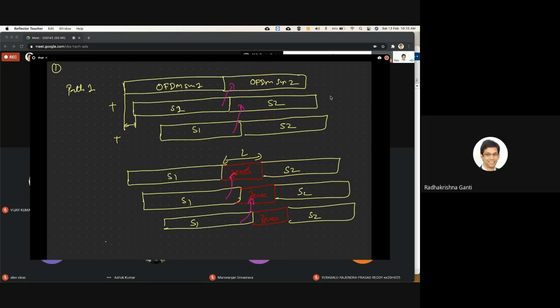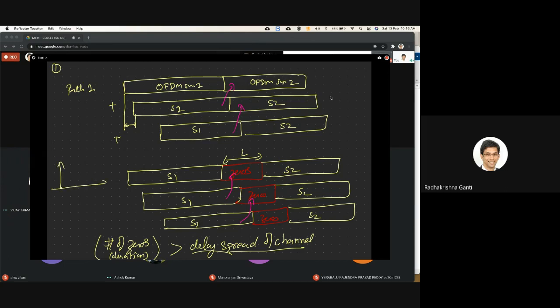The duration of zeros should be greater than the delay spread of the channel. Technically we call it the delay spread of the channel. Delay spread means, if you have multiple taps like this, there may be one more tap somewhere with very, very low energy.